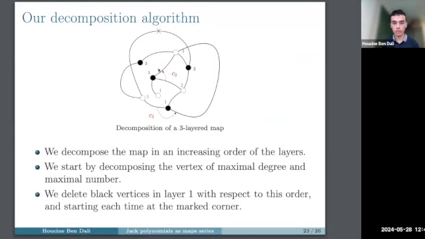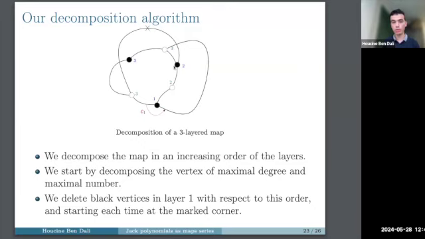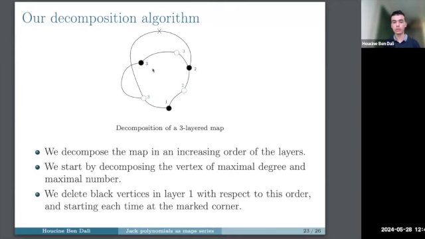This gives us this order for the first layer. So we start with C2, we delete the first edge, the second one, the third one. By the end, we have deleted this block of black vertices of degree 3, and then we restart with the second black vertex.